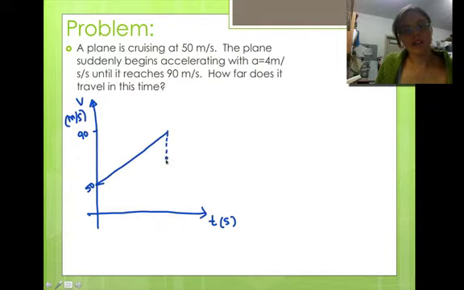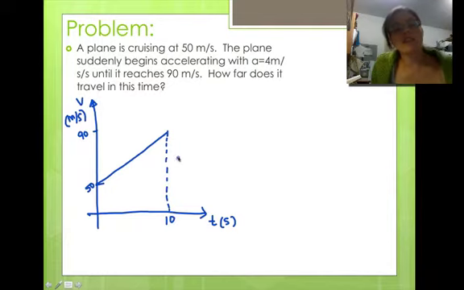We go for 10 seconds. How far does it travel? So the how far is our change in X, it's our displacement in this case because it is traveling in one straight line forward. And so that is our area under the curve.